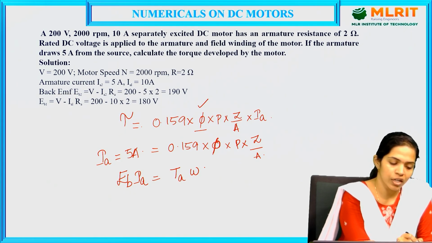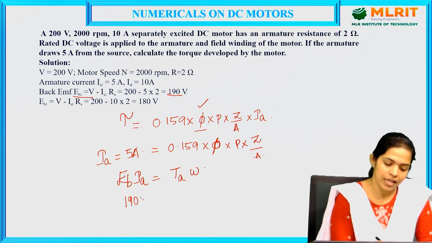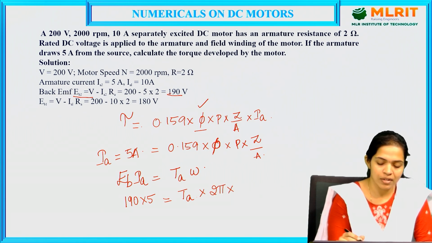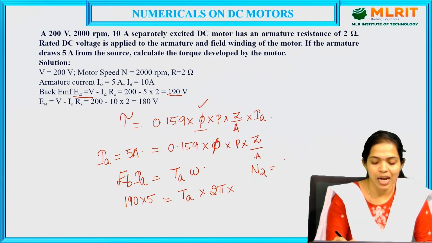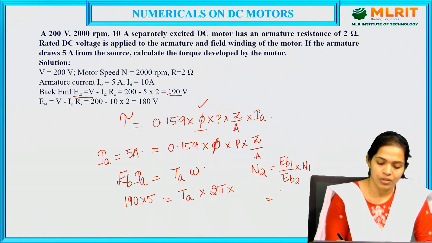EB, we got it as 190 volts. IA is 5 amperes. Torque is like this, and this is 2 pi into N2. We got the speed from the previous calculations of EB1 and EB2, which is nothing but N2 is equal to EB1 by EB2 into N1, which is nothing but 180 by 190 into 2000.